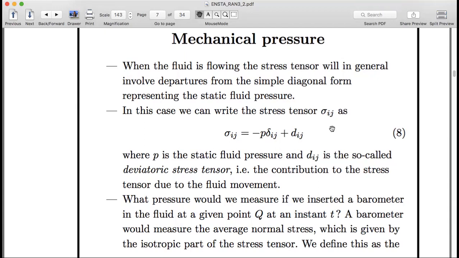In other words, we have additional stresses that are related to the motion of the fluid. And those stresses can be tangential stresses, or they can be normal stresses. And so they look like a pressure, and they are a pressure. They're just different than the thermodynamic pressure. So we have a new name for them. We call it mechanical pressure.